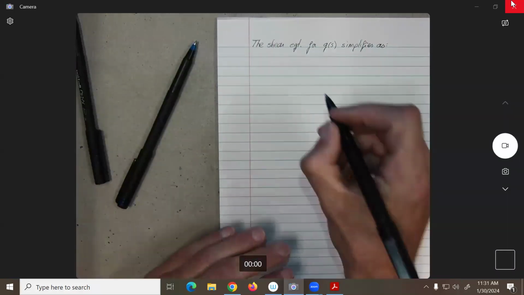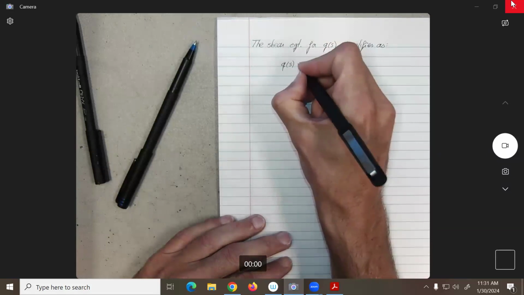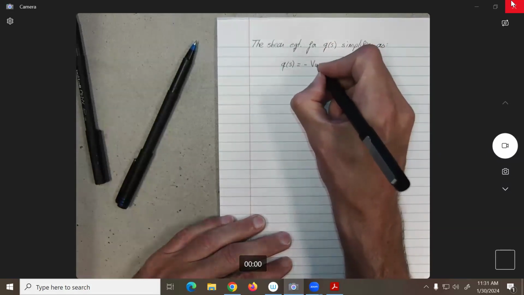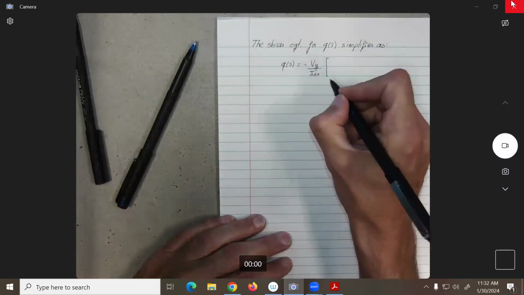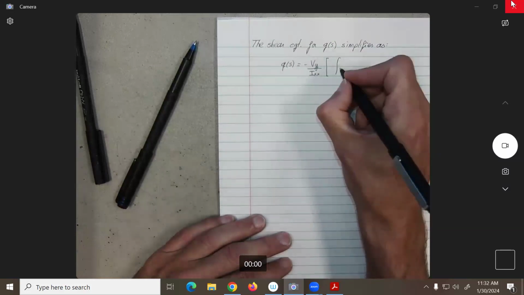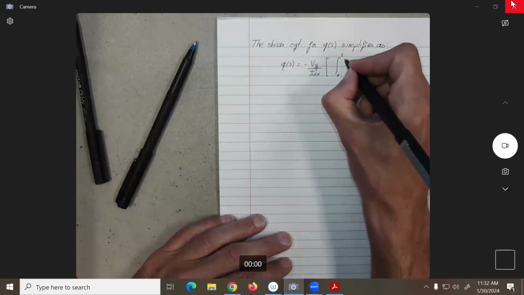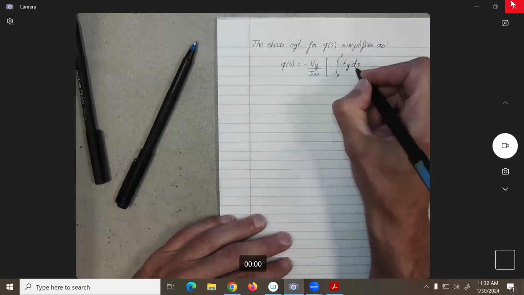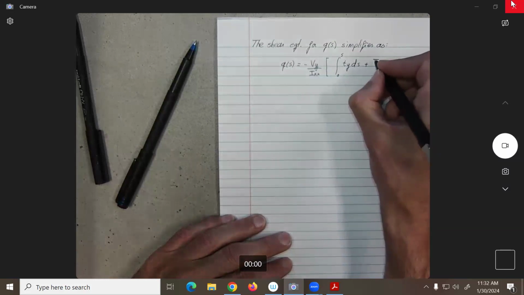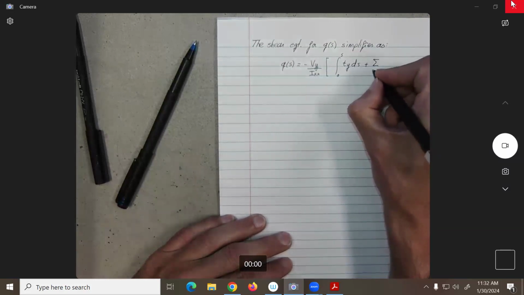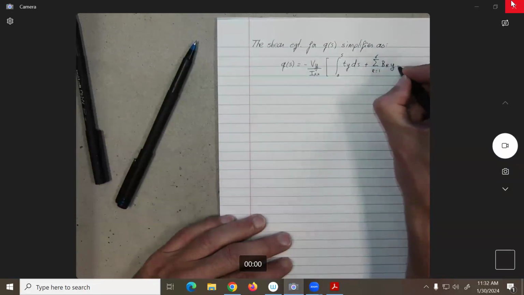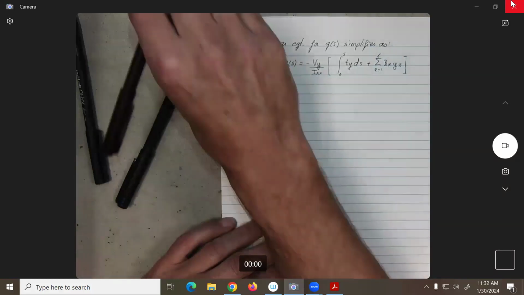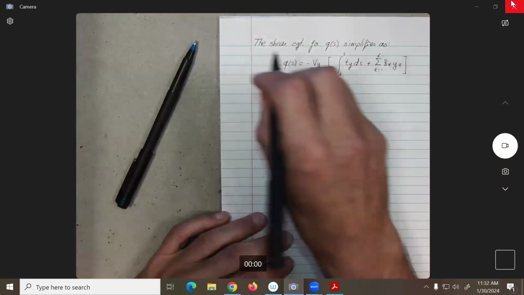So you're going to have Q sub S equal to minus Vy over Ixx, times the integral from 0 to S of t y ds, plus the summation for r equal to 1 to 6 of B sub r times y sub r. Okay? So now what's important is what? This term over here.